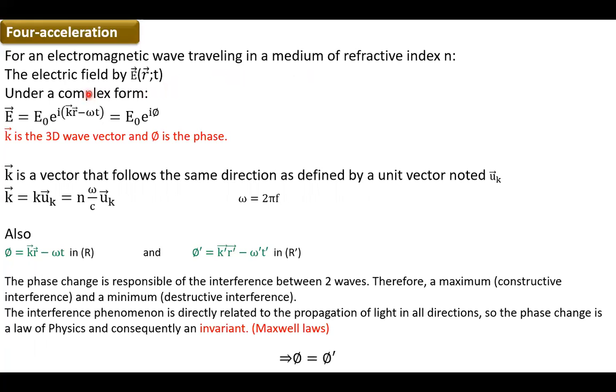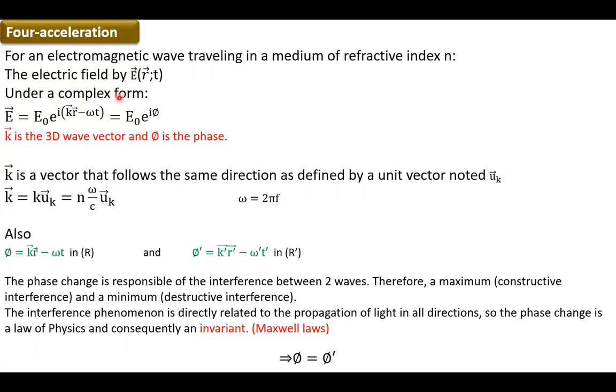you know that you can define the electromagnetic wave by its electric field vector, which is a function of the position vector r and the time t in its classical, Newtonian form.